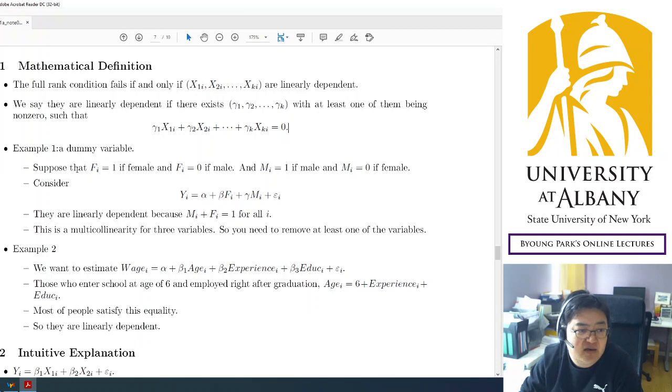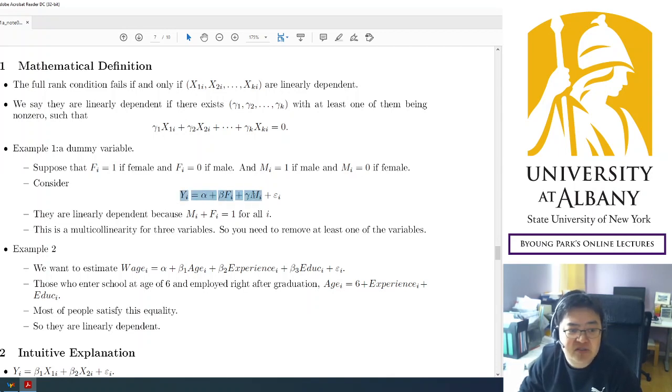Suppose that you define a dummy variable f, which takes 1 if an individual is female and takes 0 if not. And you define another dummy variable m, male, which takes 1 if male and which takes 0 if not.